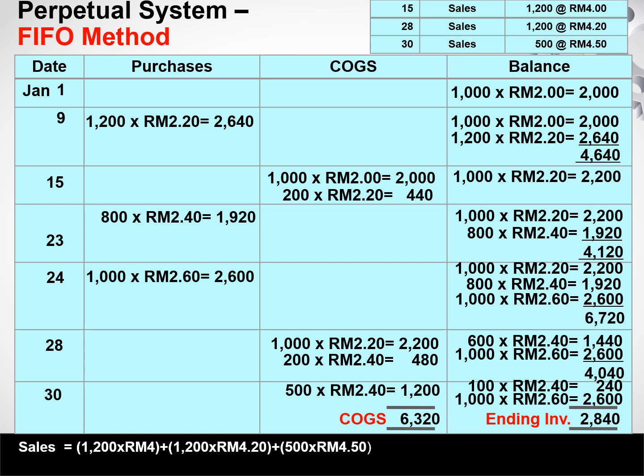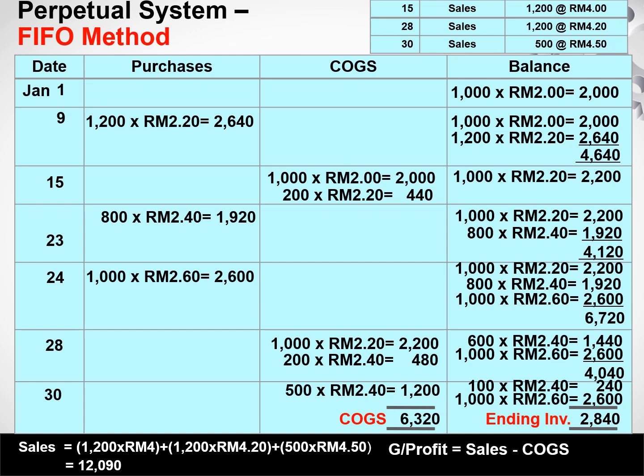That is from the question equals to 1,200 unit times 4 ringgit plus 1,200 unit times 4 ringgit and 20 cent plus 500 unit times 4 ringgit and 50 cents equals to 12,090 ringgit.